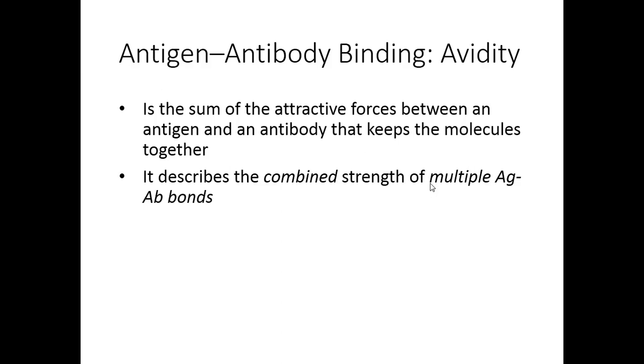It's that initial attraction between antigen and its specific antibody. Avidity is what keeps them together. It's the strength of the antigen-antibody binding that keeps them together. Does that make sense? Affinity is the initial attraction. Avidity is the strength that keeps them together.